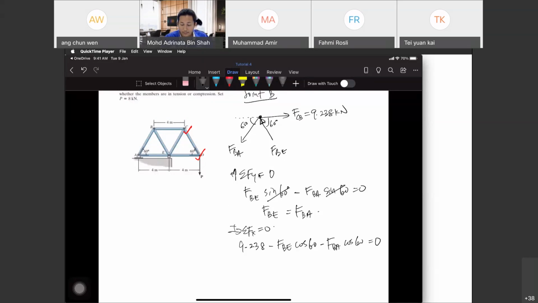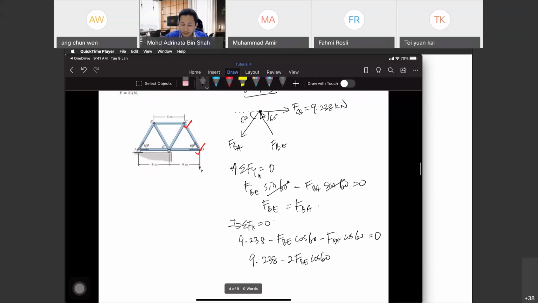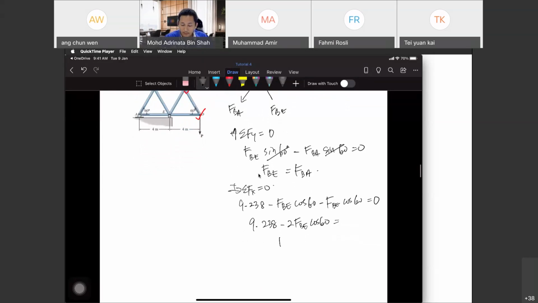So FBA and FBE is the same, so we can change it to FBE. So we got 9.238 kilonewton minus 2 FBE cosine 60. And then we can solve our FBE is equals to 9.238 divided by 2 cosine 60.